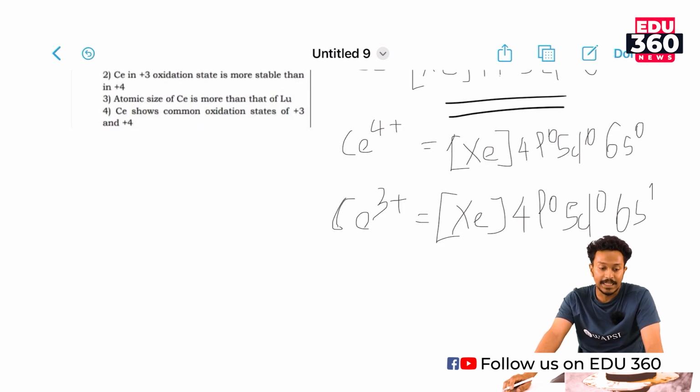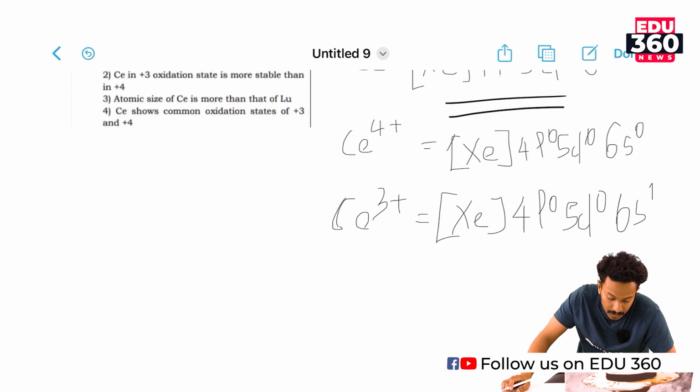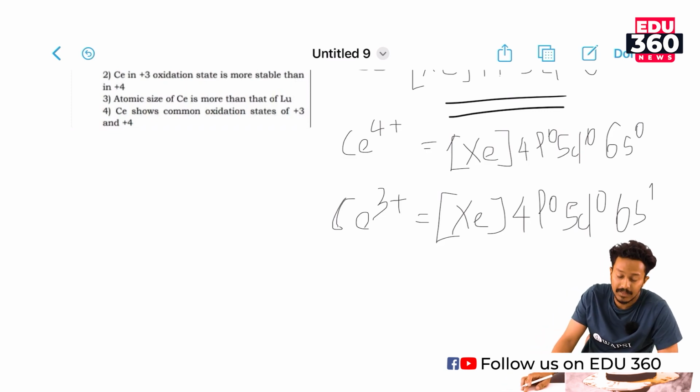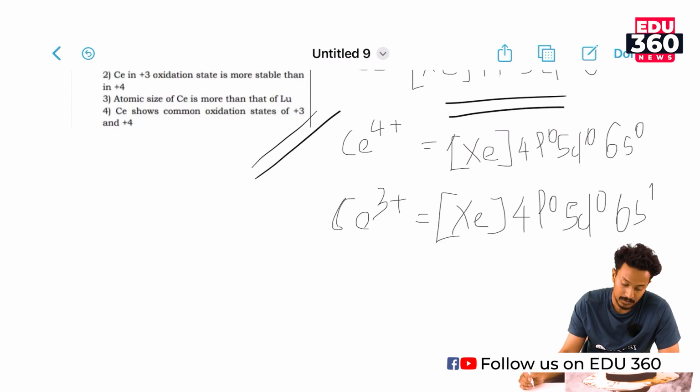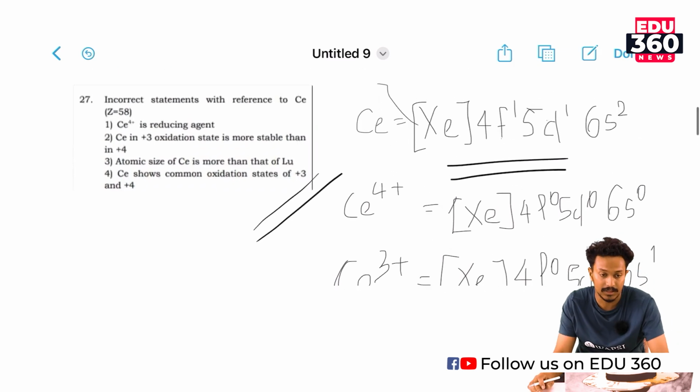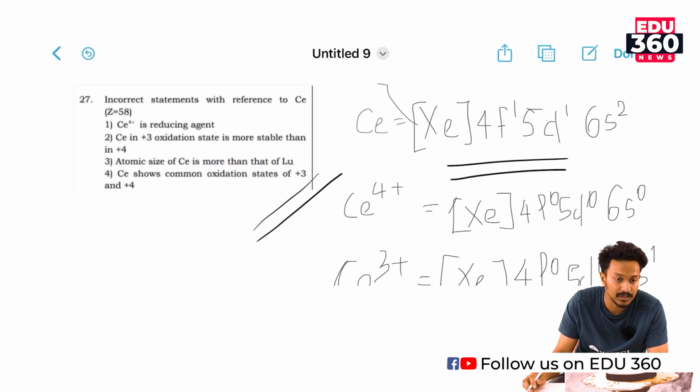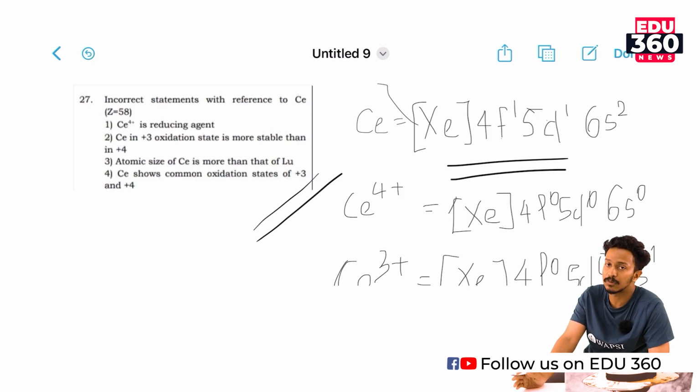The atomic size of cerium being more than that of this one is also wrong because cerium shows lanthanide contraction. So the correct option for this question is Ce4+ is a reducing agent, which is option number 1.